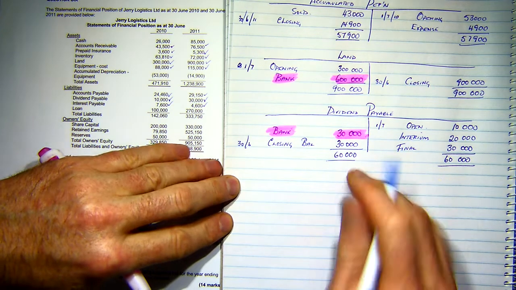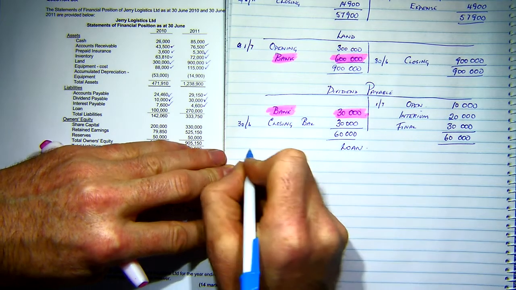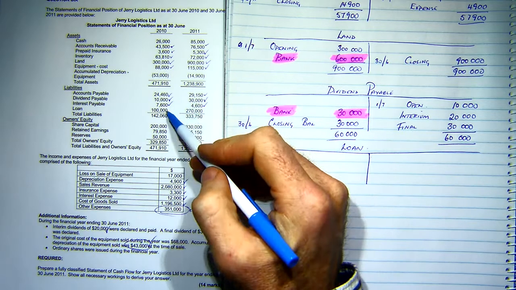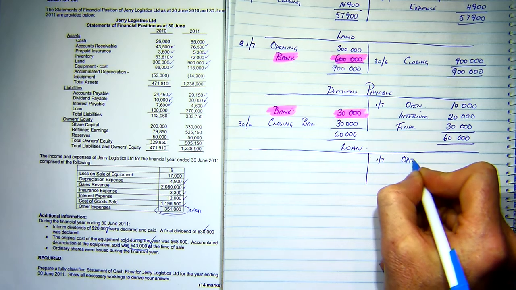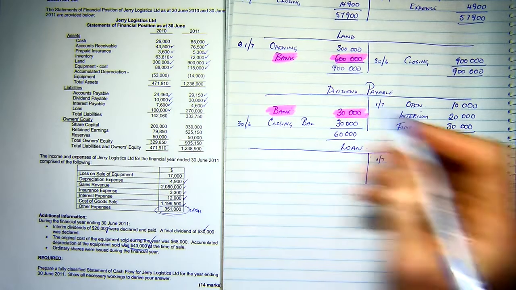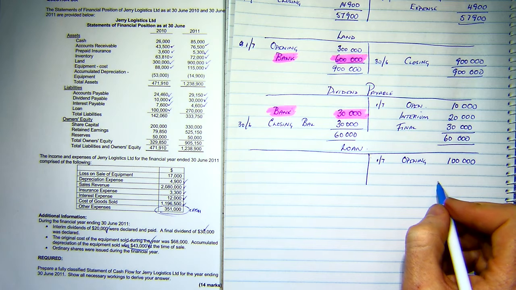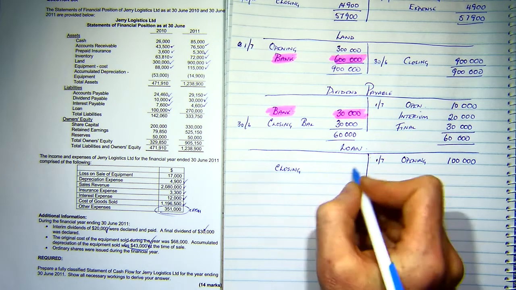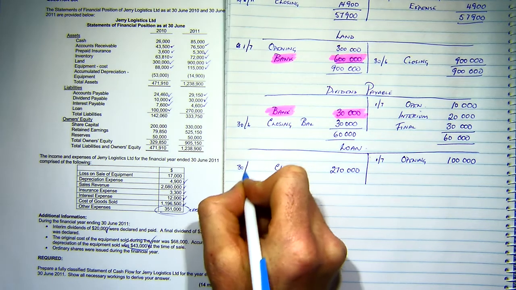I've got a loan. Let's slide up. My loan account. I started with 100,000, it's a credit, so 1st of the 7th, opening of 100,000. And I finish with a closing of 270 on the 30th of the 6th.